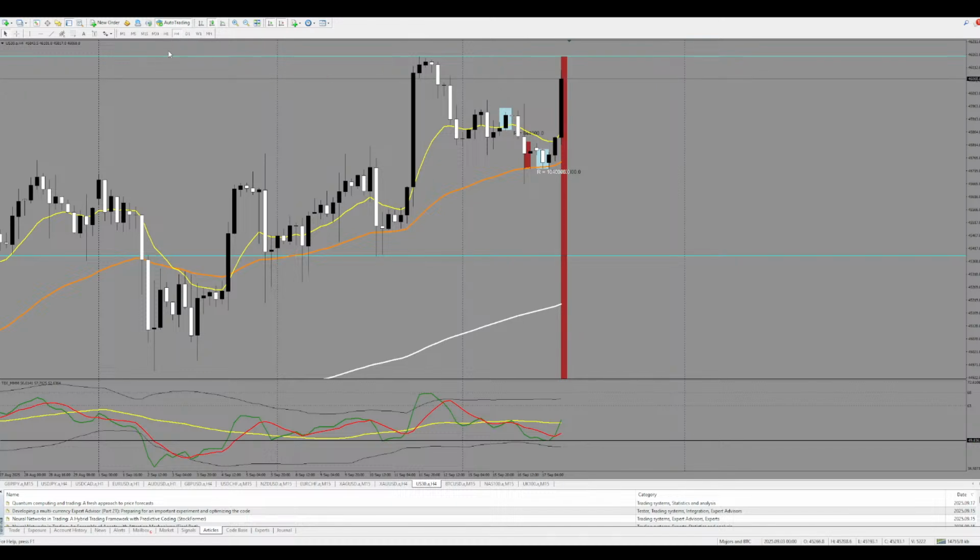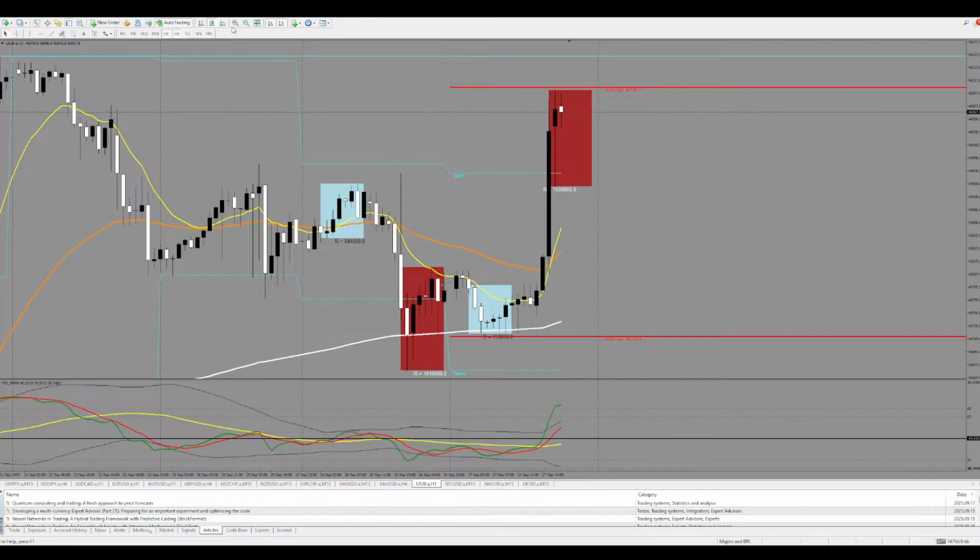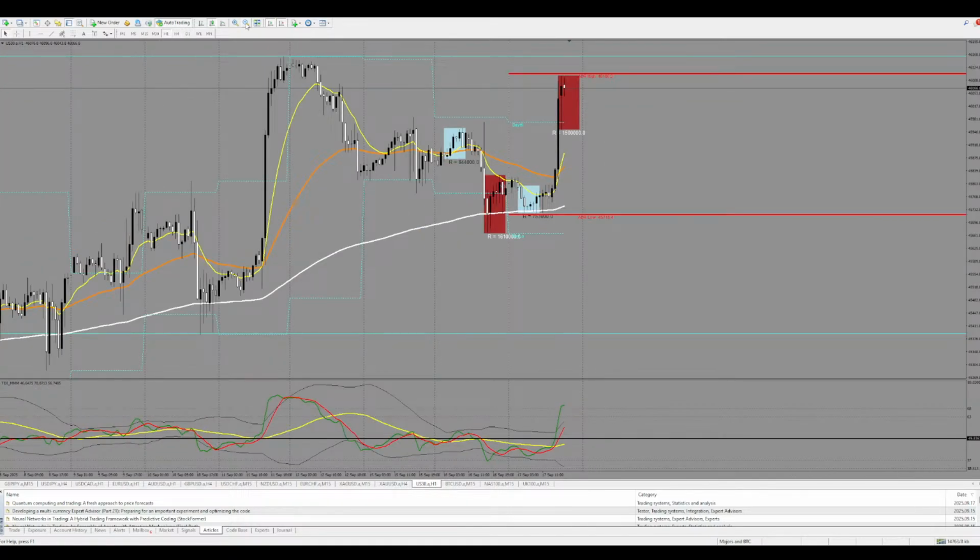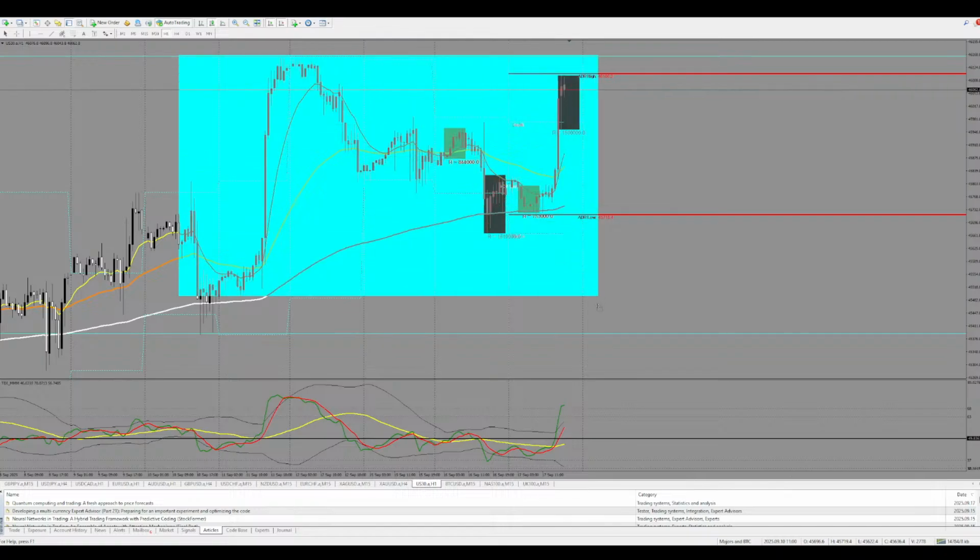So again, we go to H1, the same area. If I could just quickly mark the area out, just to show you how it looks. So this is what the area looks like.